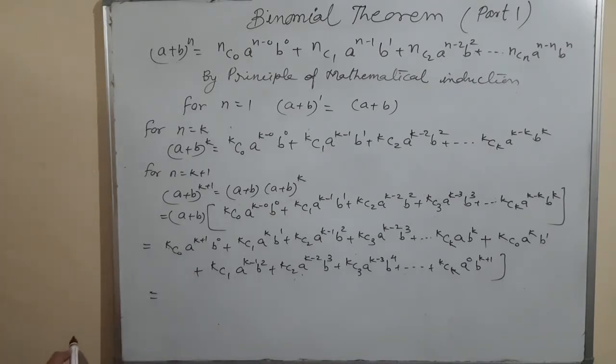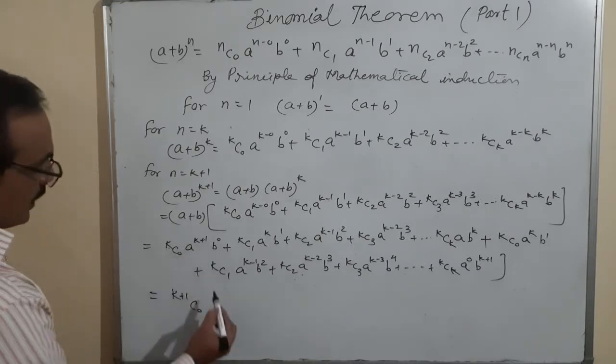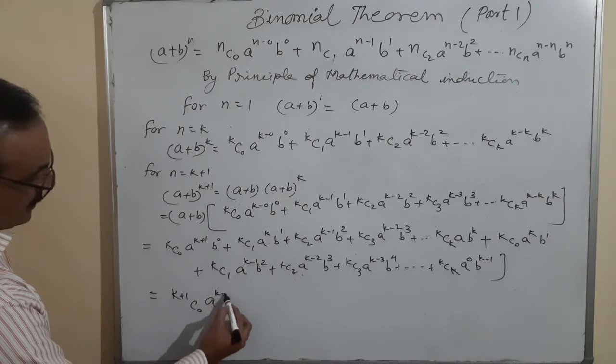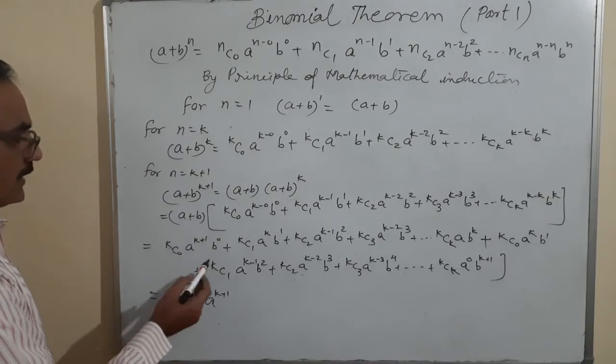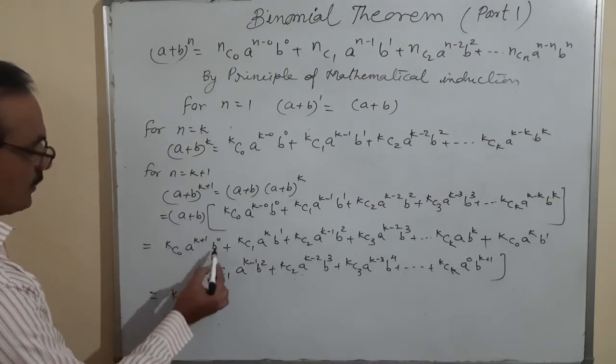So this kC0 can be written as k plus 1C0. There is no problem at all. We can write it. So I am writing here k plus 1C0 a to the power k plus 1. Is it okay? And kC0 a to the power k into b to the power 1. Okay, I am writing this term first, k plus 1C0 a to the power k plus 1.